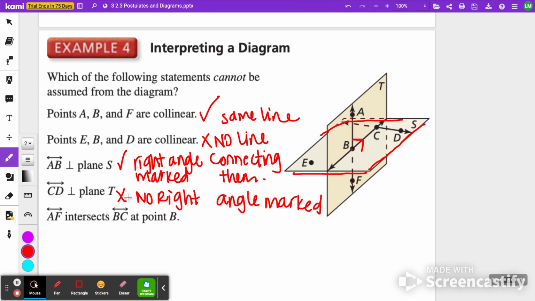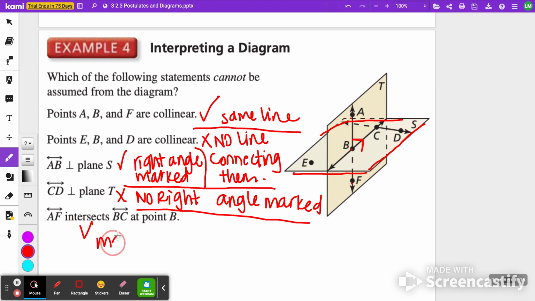Okay, I'm kind of getting things mixed in here, so I want to make sure I'm separating. Okay, the last one, it says line AF intersects line BC at point B. This one is correct because it is marked right at point B. And if we need to, here is AF, here is BC, and they are intersecting at point B.